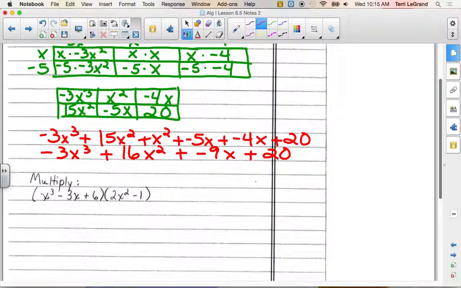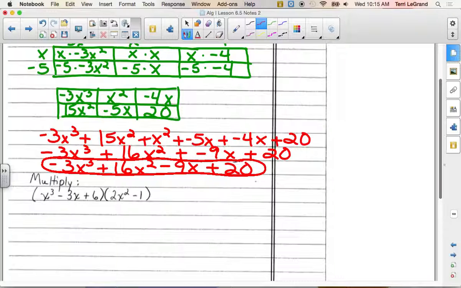Does this answer need cleaning up? Only one spot, right? So, negative 3x cubed plus 16x squared minus 9x plus 20. And you want to be careful, it takes only one little place. If you don't put the exponent correctly or something, it makes the whole answer wrong.